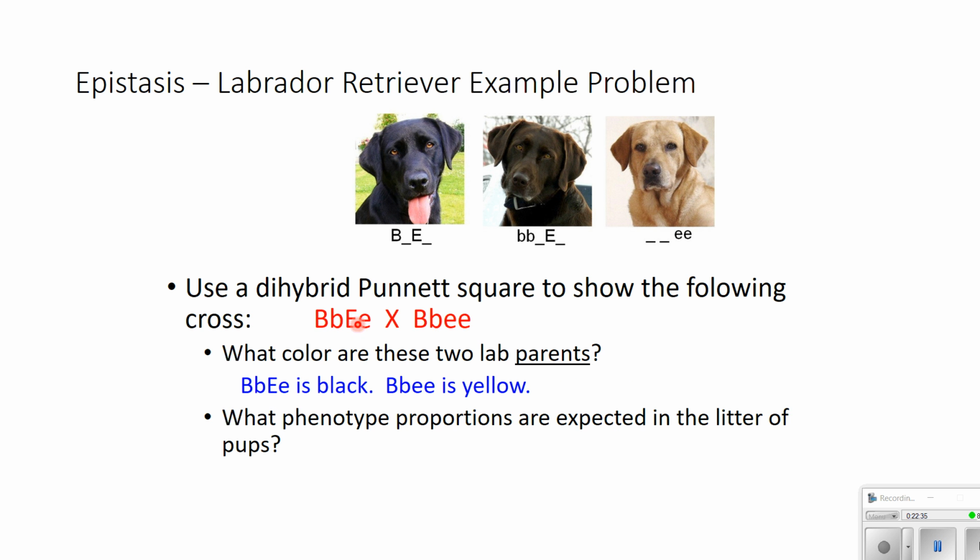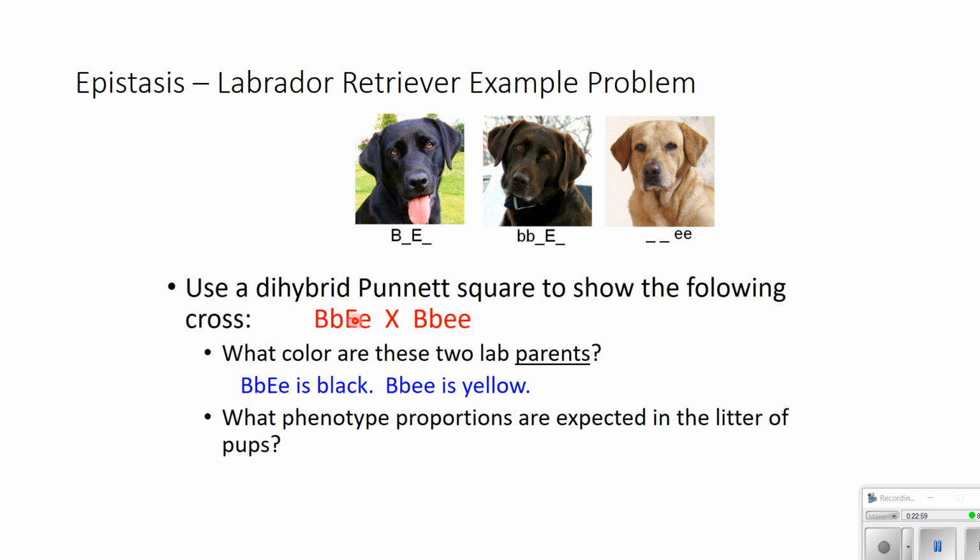So this one is black. It's heterozygous black, and notice it's heterozygous for both genes. So this would be a black lab. And it is crossed with a yellow lab. Remember, little e means that it doesn't matter what this gene says. This is actually coding for black pigment, but this is a yellow lab because it's little e.